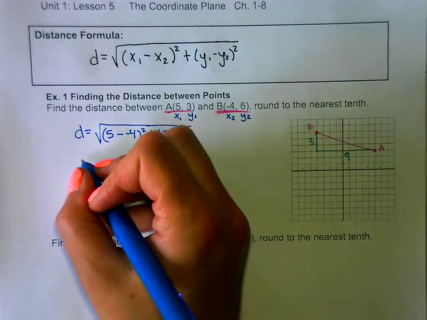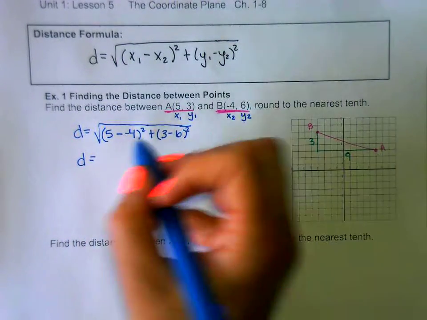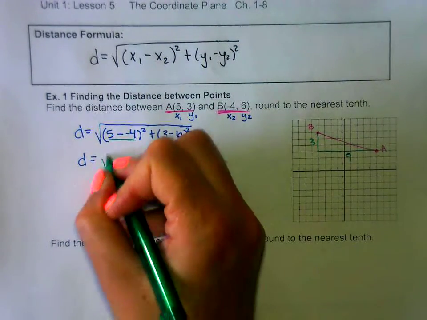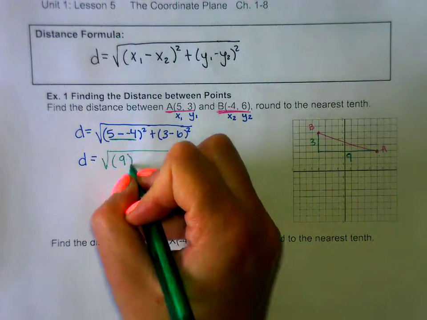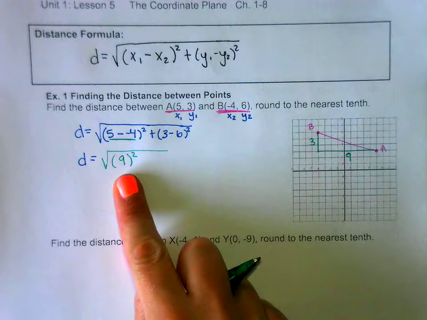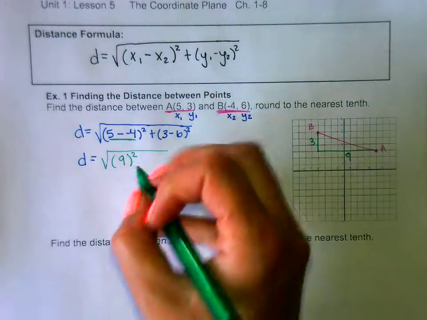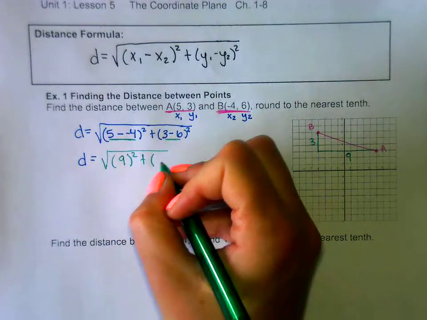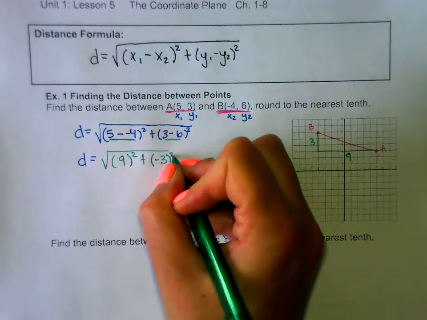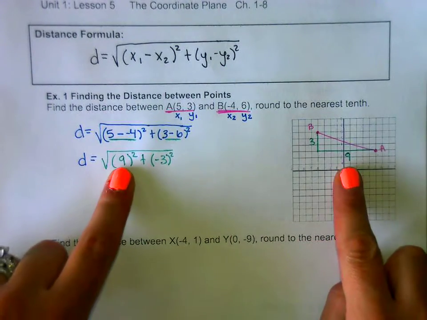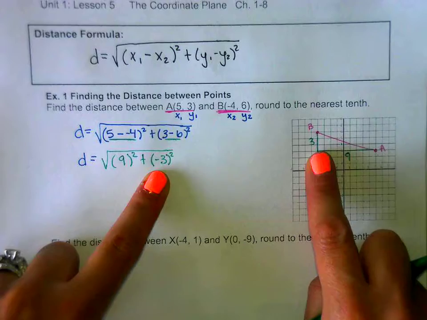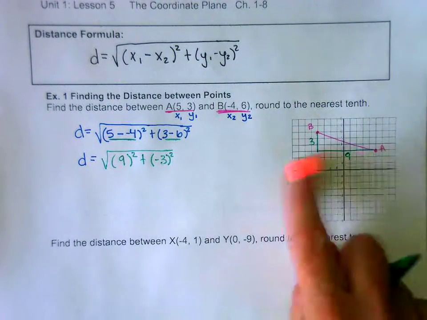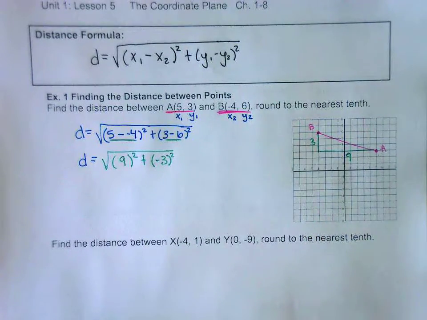So now when I go to solve, I'm going to first do 5 minus a negative 4, which is 9, squared, plus 3 minus 6, which is a negative 3, squared. Notice that's a negative 3, but it is going down. The distances are calculated as the distance between those vertically and horizontally.